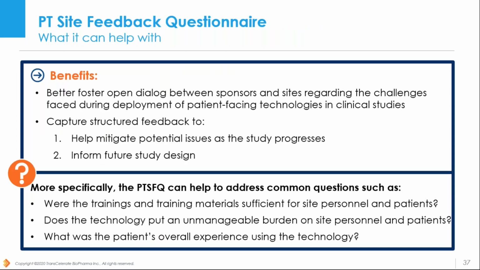So some of the benefits, we really believe it's going to better foster open dialogue between sponsors and sites to really unearth the challenges facing patient technology and clinical studies. So I think obviously the earlier you know those challenges, the earlier you know maybe what's not working as you thought or in an ideal state, the sooner you can address and take action to figure out how to resolve that.